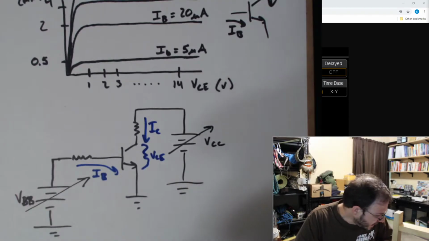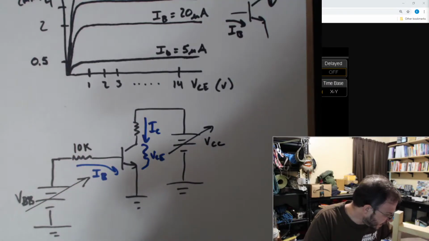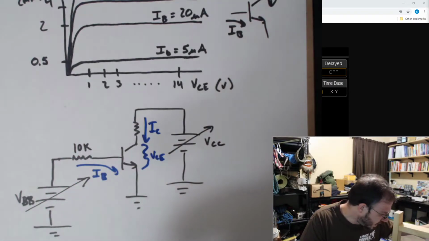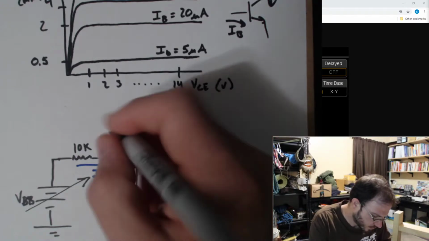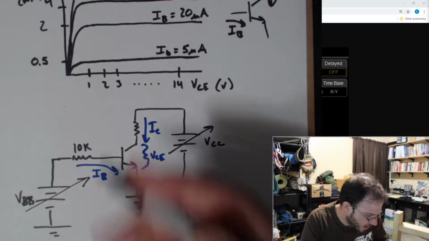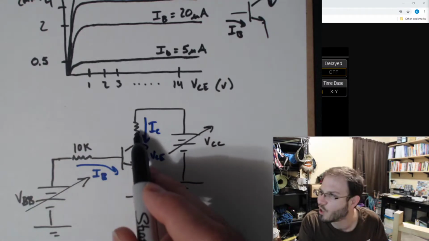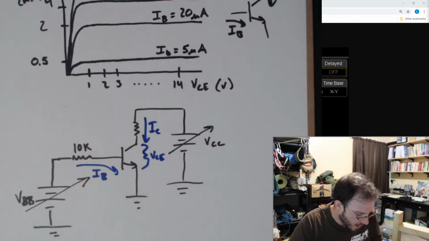Okay, just for a couple of values in here, let's give ourselves a 10K, and you would put some value of resistor up here, something like 100 ohms, 200 ohms, 300 ohms, and then plot this.